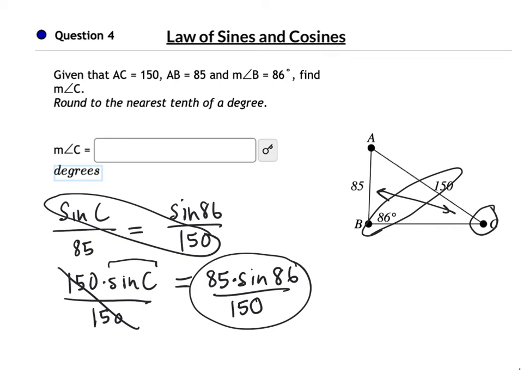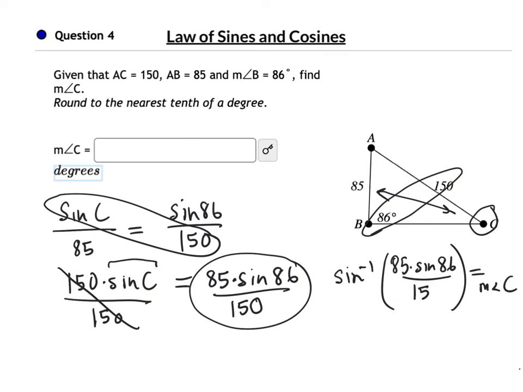So to figure this out, we need to do the inverse sine, because we're looking for an angle. It'll be the inverse sine of the ratio, which is 85 times the sine of 86 divided by 150. And that will be equal to the angle we're looking for, the measure of angle C. We can put this in the calculator a couple different ways.